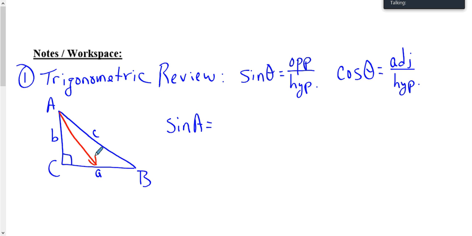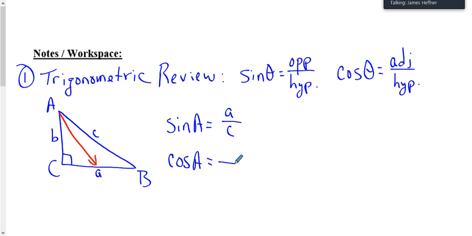So that would be a over, what's the hypotenuse labeled? A over c. Yeah, c. Okay. What about the cosine of angle A? What would that be? What over what?